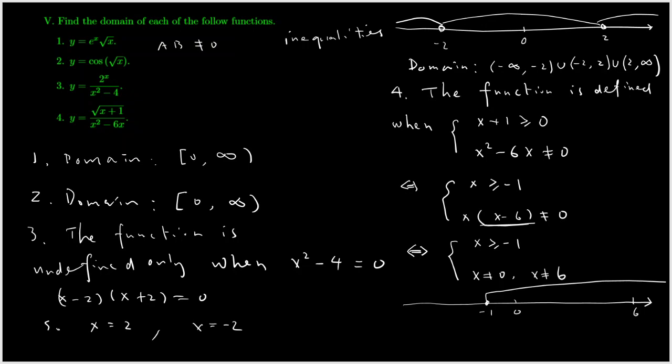The same as before, you use a circle to indicate this point is not included, and likewise you use a circle there to indicate 6 is not included.